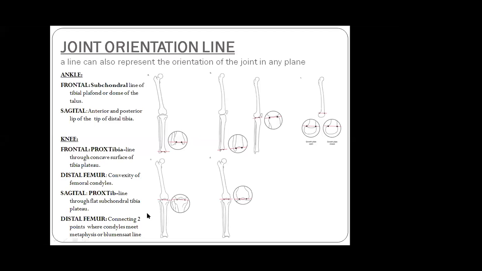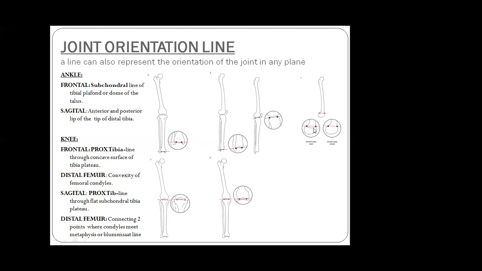In the sagittal plane, the condyles of the femur are not straight. They are rounded. So we have to take the point where the two condyles meet at the metaphysis region, and that gives us the joint orientation line in the sagittal plane at the level of the distal femur.